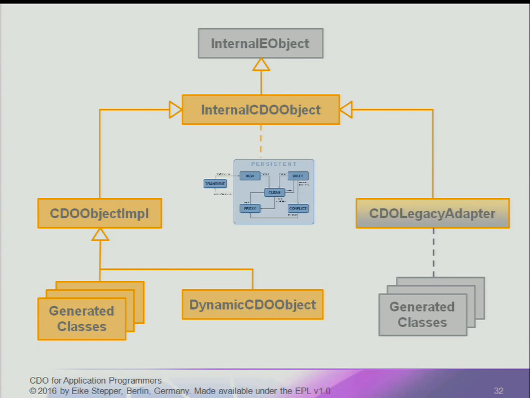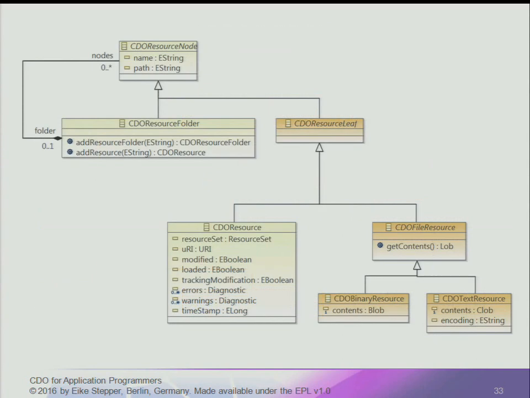For all models that you cannot regenerate, let's say GMF diagram, the notation model or stuff like that, models that you get from somewhere else, you can also use them and they interact with the state machine through our so-called legacy adapters. That's an internal detail, you just don't realize it. But the instances of these classes are not scalable then because they have strong Java references.